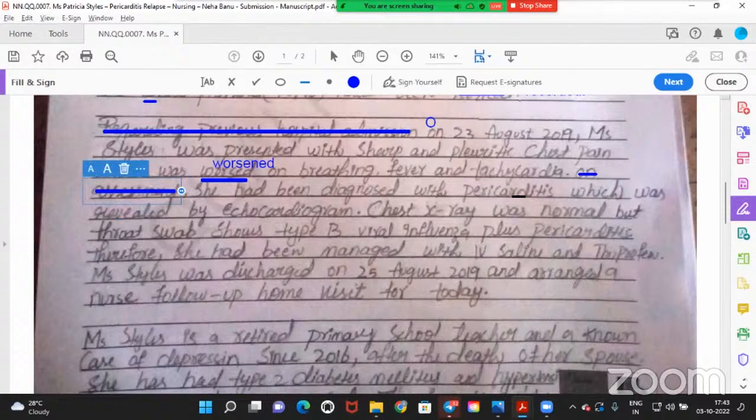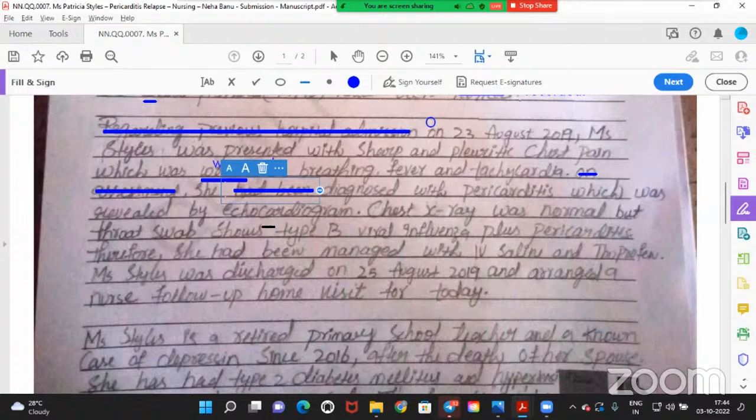Pericarditis was diagnosed. She was diagnosed with pericarditis, which was revealed by echocardiogram.